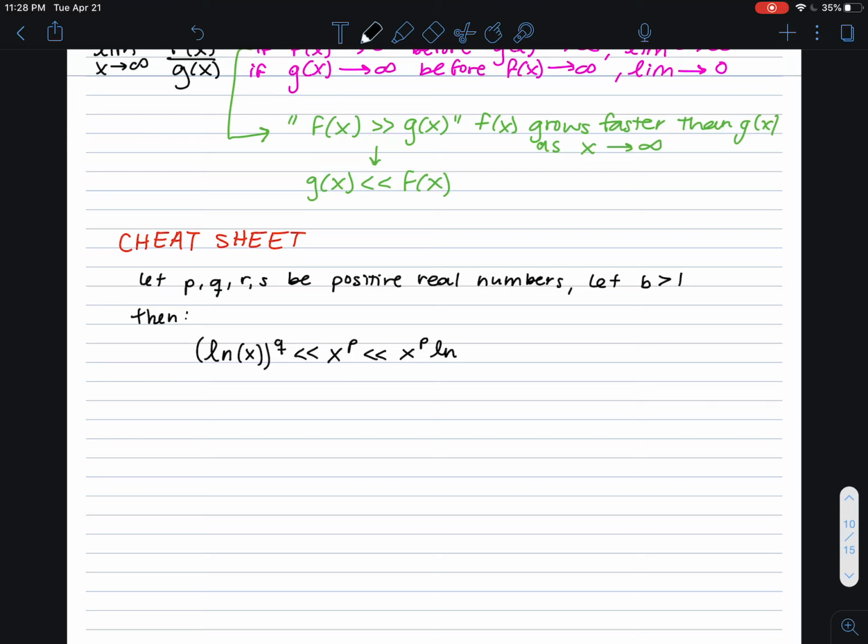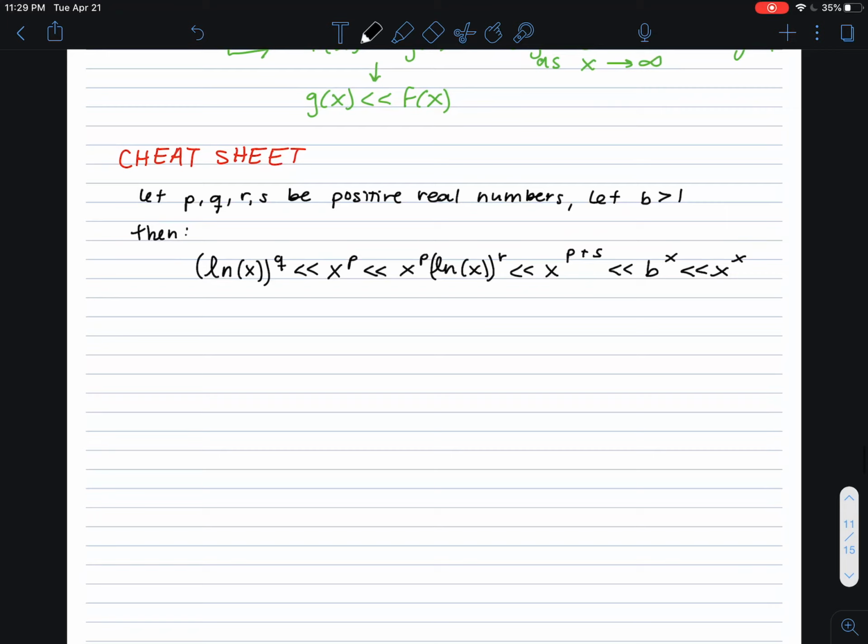Here, I'm going to write this consistently. The natural log of x to some power, which grows slower than x to the p plus s, which grows slower than b to the x, which grows slower than x to the x.